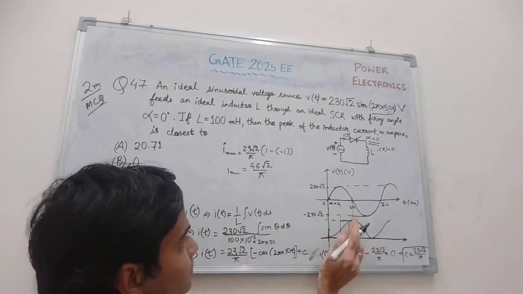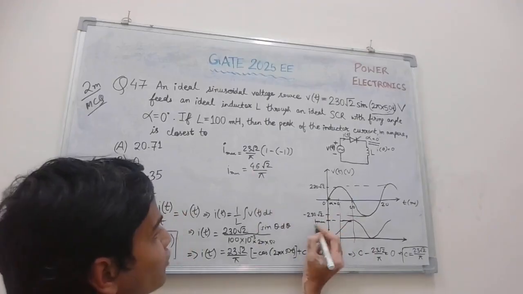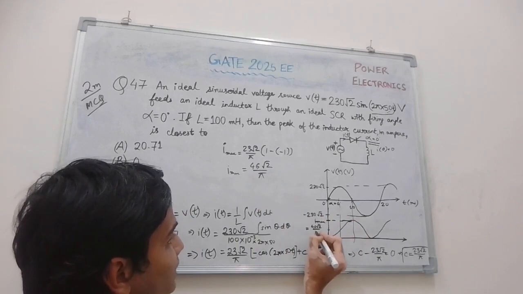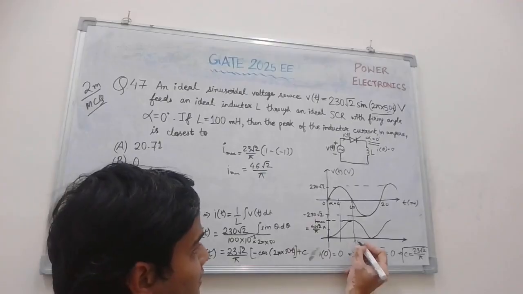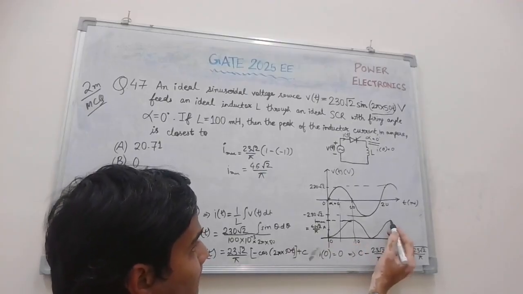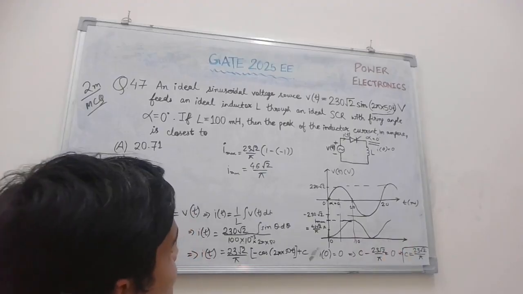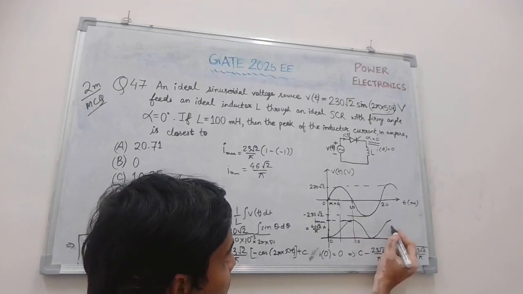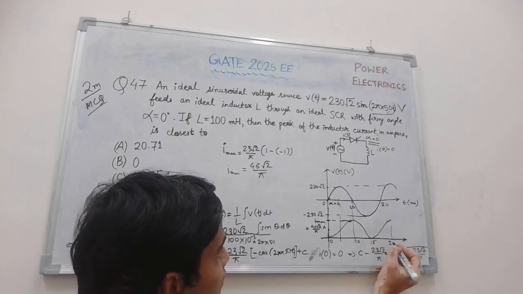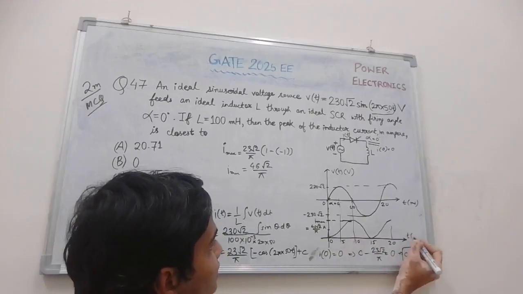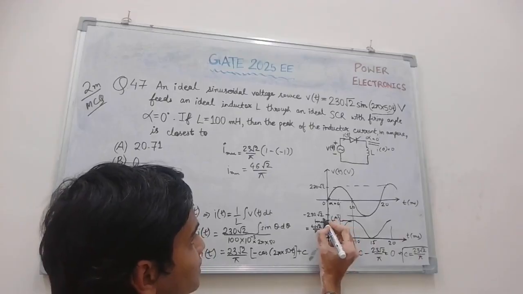This will be I max value, which we calculate as 46 root 2 by pi amperes. If you draw the graph, milliseconds on one axis and I in amperes, this is I of t.